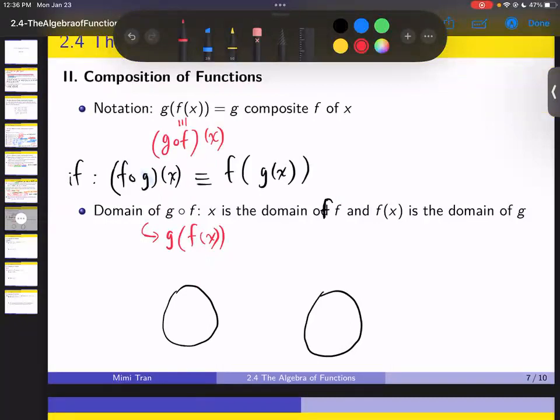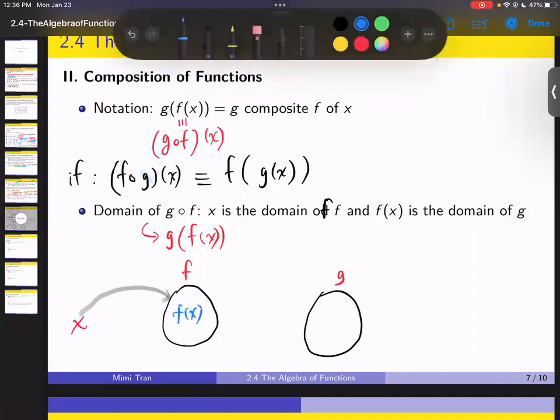Here I have my value X. Here's my machine F. And here's my machine G. The input X, I'm going to put in the machine F. Put that in machine F. You get what? What's the result? F of X, right?